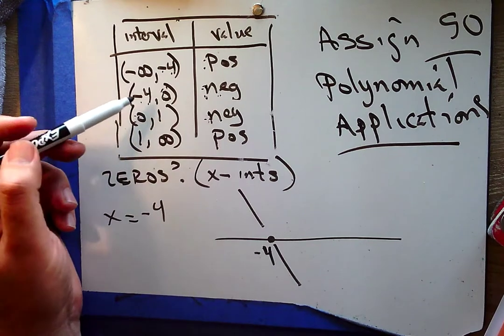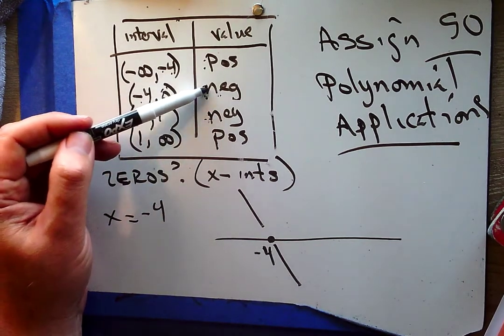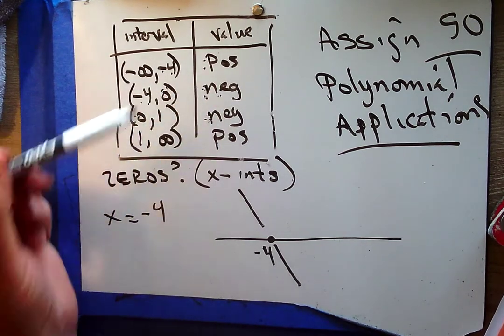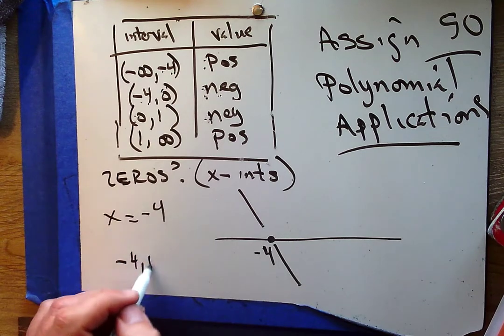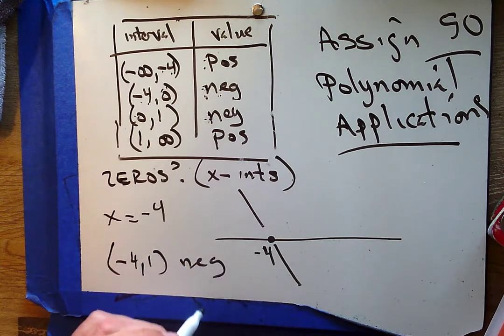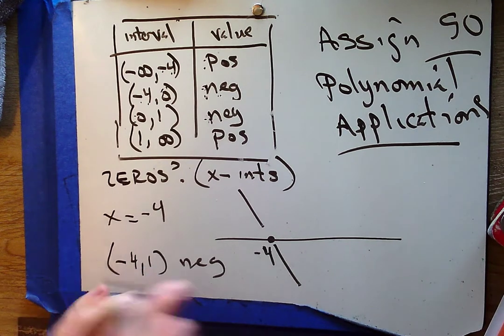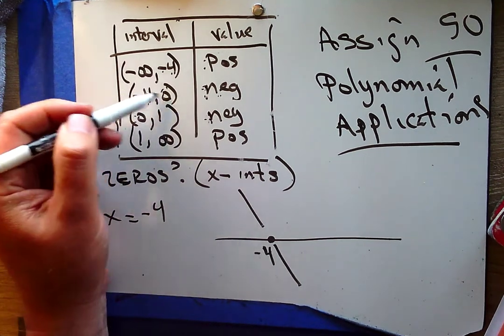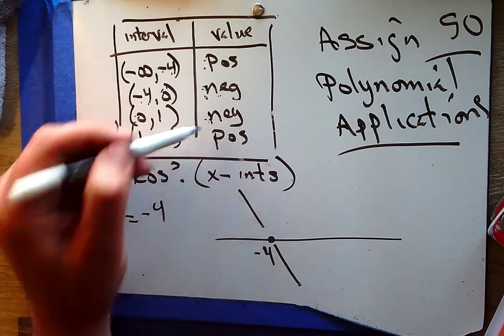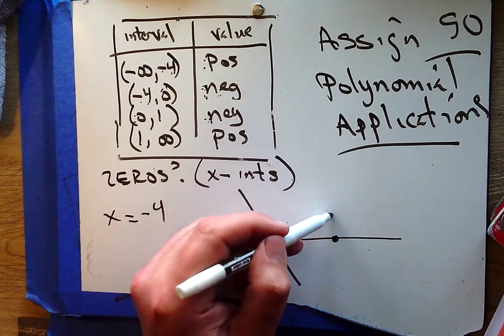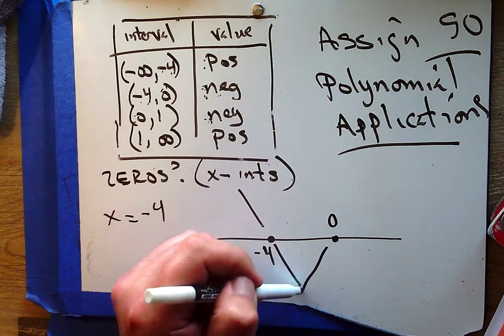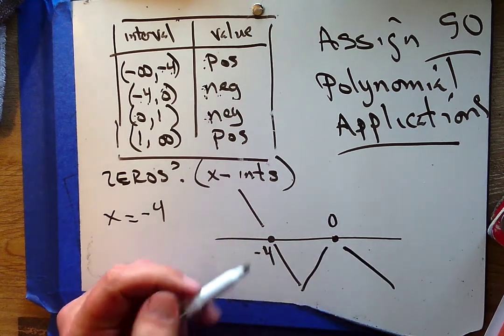I then see that my function goes from negative to negative at 0, but they didn't write negative 4 to 1 negative, and so that I would know at x equals 0 the function was negative. Instead, they said negative 4 to 0 and 0 to 1 negative. So here's 0, and I'm negative on this side, and I'm negative on that side.